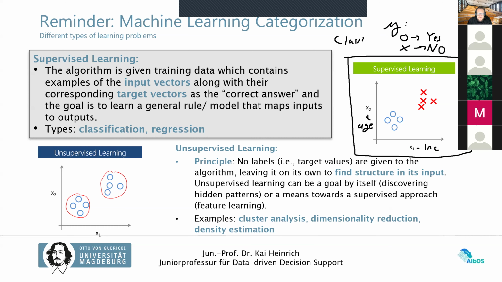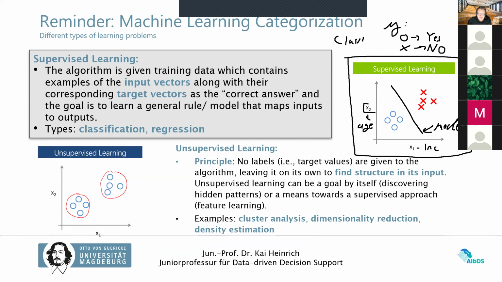Basically, the goal of supervised learning is to do this. This is our model. In this case, it's just a binary decision boundary, which helps us distinguish. Let's say this is our training data, and now there comes a new customer that I have not seen before. We don't know if the customer is an X or an O yet, but we know X1 and X2 of the customer.